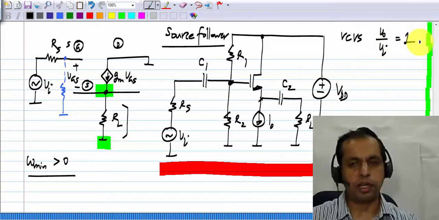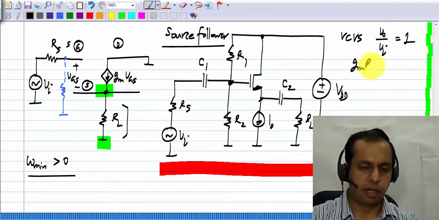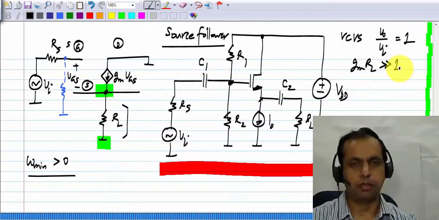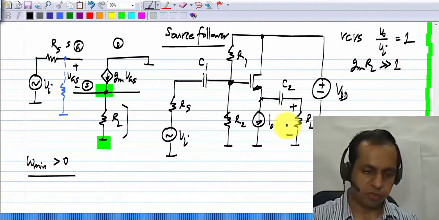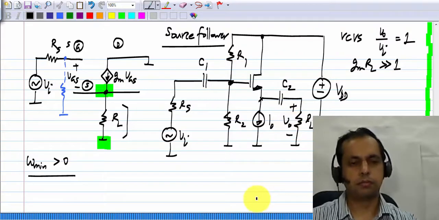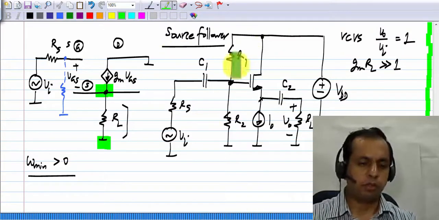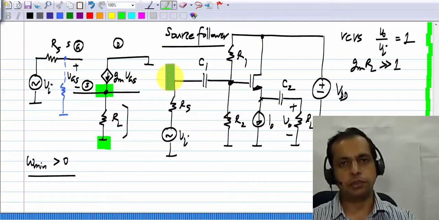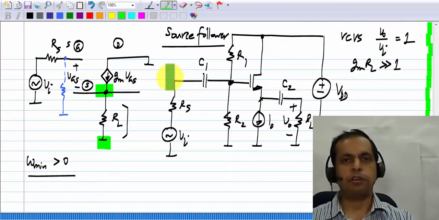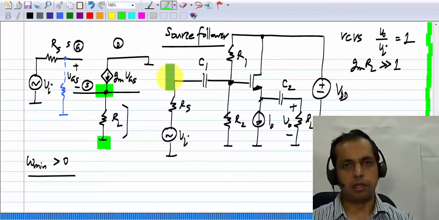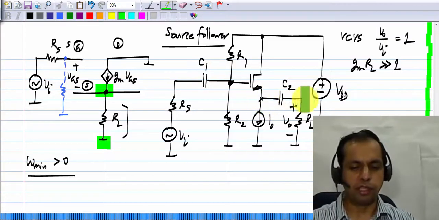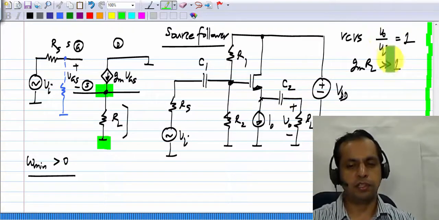Now you have to choose the current I0 such that GMRL is much greater than 1. The output of course is here. It's quite common to show this as one of the elementary stages using a MOS transistor. You show the common source amplifier and then the common drain amplifier and so on. But we prefer to think of it as a feedback arrangement, because feedback is essential to making the gain of this stage V0 by Vi close to 1.